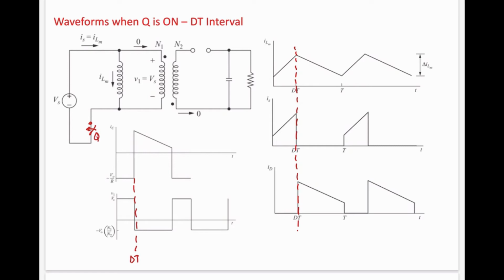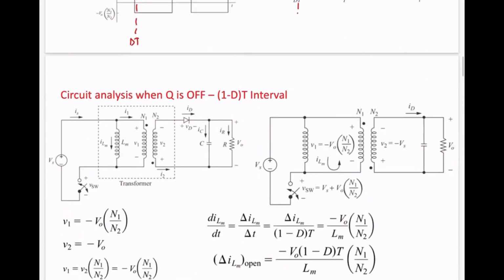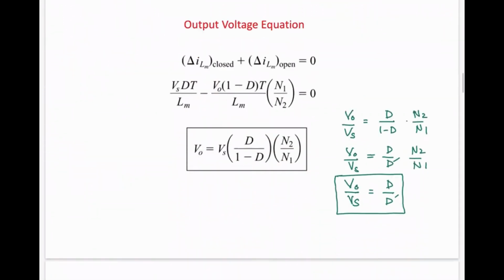Okay, and what's the voltage across your primary winding? It was plus minus like that, but now as you have interrupted the current in this inductor, the polarity is opposite, so that you can observe over here, minus V0 into N1 by N2.